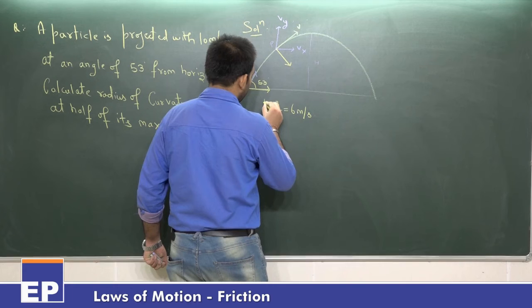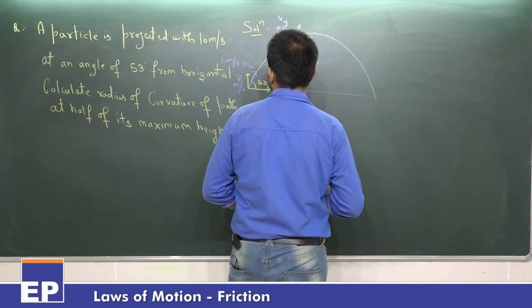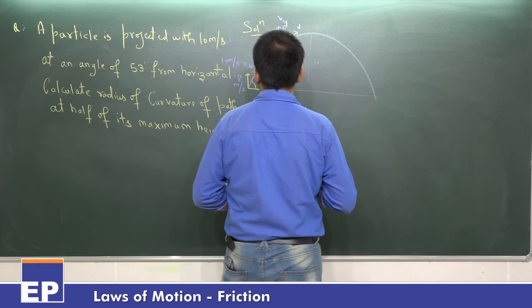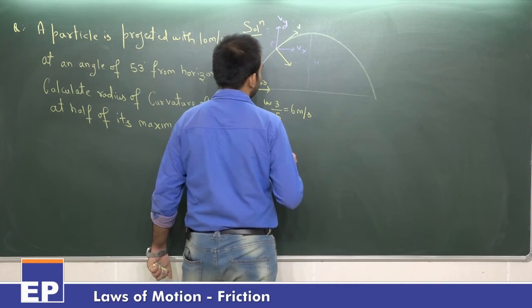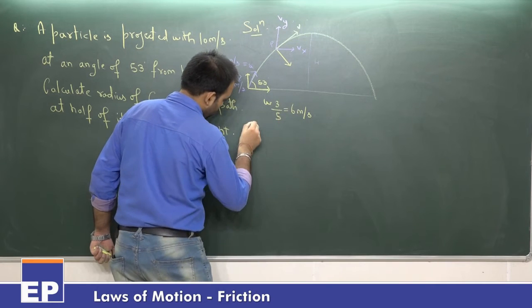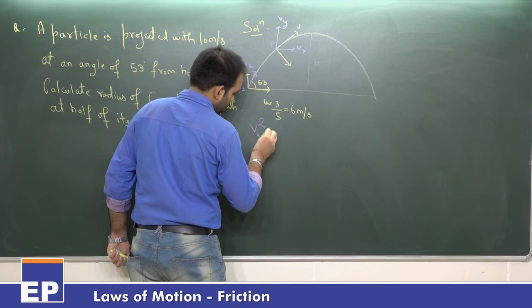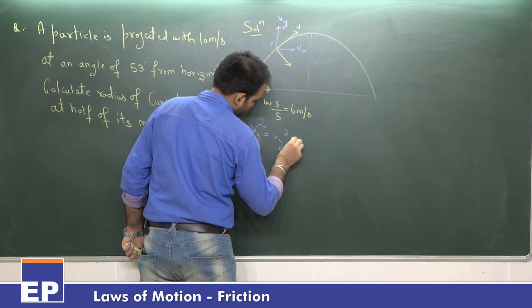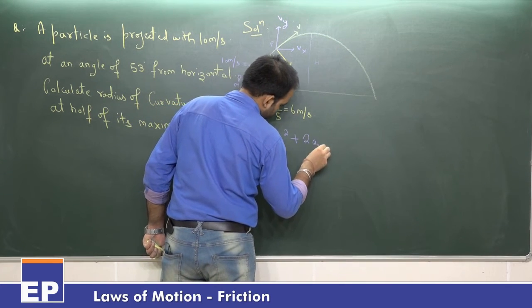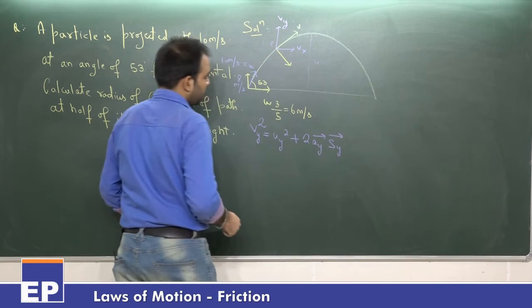So it is u cos 53. What is the component of this? How much will Vy be? Vy square is equal to Uy square plus 2 Ay into Sy.